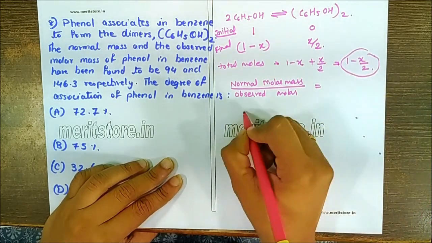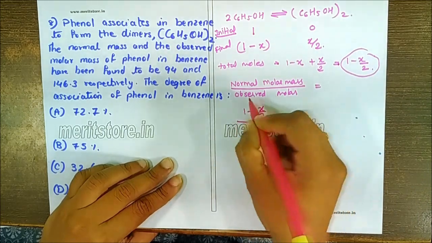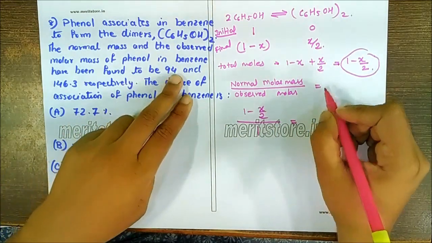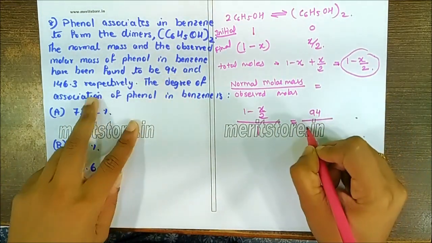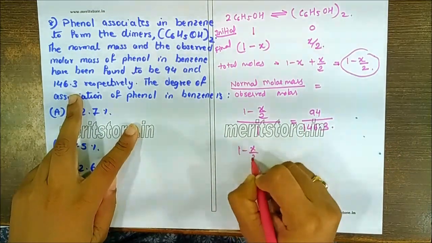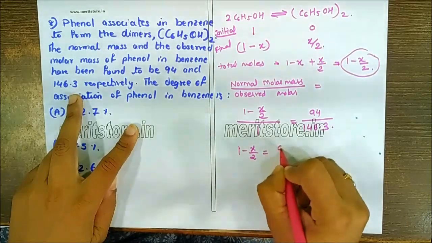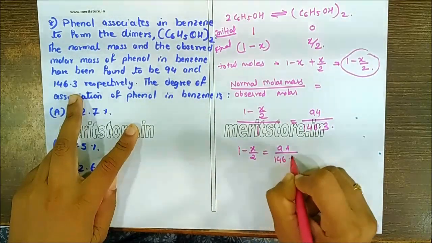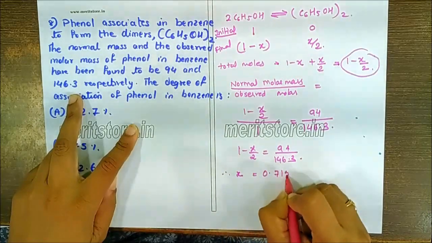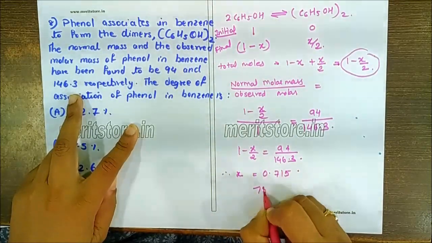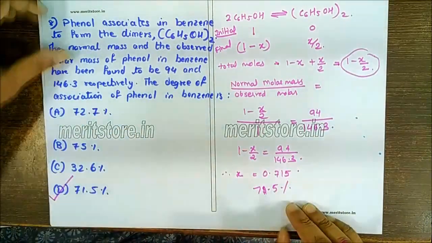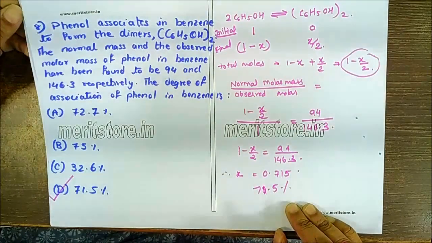So 1 minus X by 2 divided by 1 equals 94 upon 146.3. So 1 minus X by 2 is equal to 94 upon 146.3. When you calculate the X value, it comes out to be 0.715, so that is 71.5%. So our answer is option D.